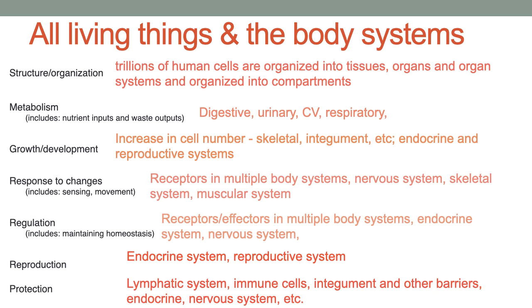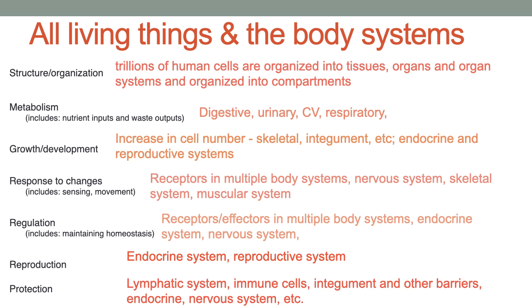And then protection. The body needs to be protected so that it can continue to grow, so that it can continue to live and ultimately reproduce. So protection will come from immune cells, the integument system, or any other barrier within the body that is going to help protect the body from invasion of pathogens.